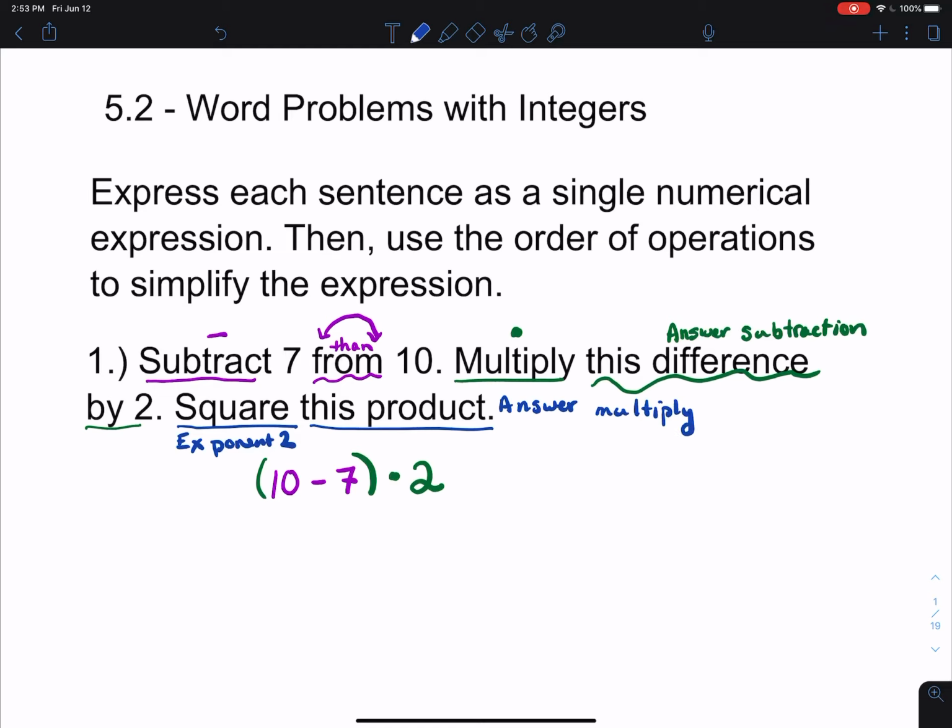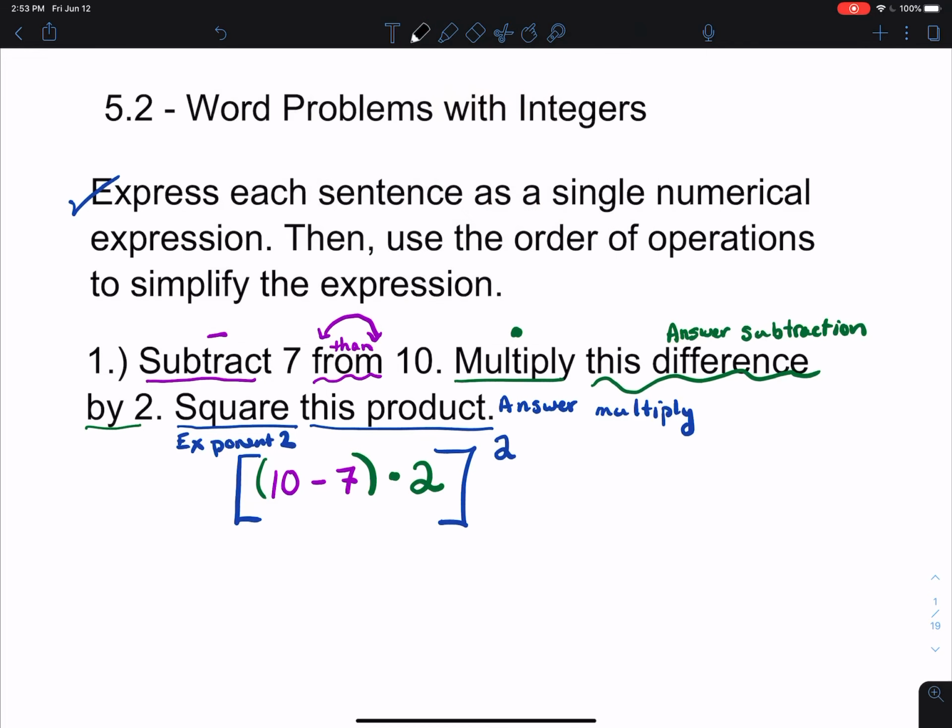So that means I need to take this whole thing, that multiplication, and square it. So this, with the brackets, or I could have used another set of parentheses, and then parentheses 10 minus 7 times 2, that whole thing squared, answers the first part of this question. I express the sentence as a single numerical expression.